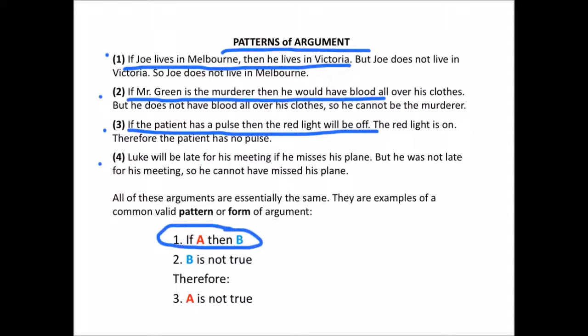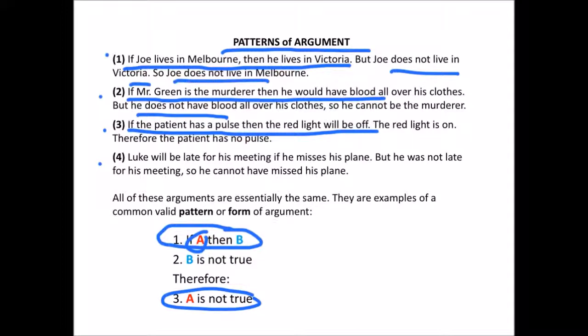If something is true, then something else is true. If A, then B. And then the second premise says that B is not true. Joe does not live in Victoria here. Green does not have blood all over his clothes. And in each case, the conclusion is then that the first thing, A, is not true.